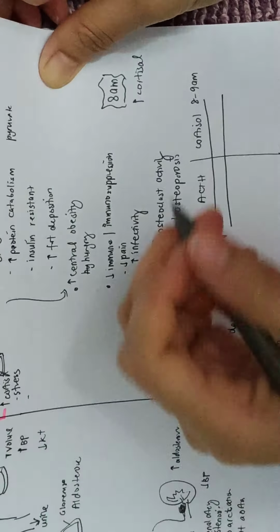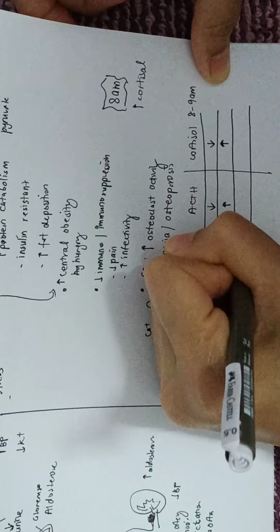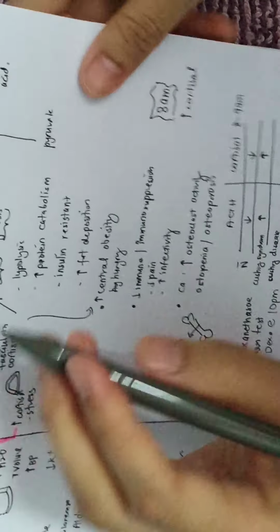you have to proceed with the high dexamethasone suppression test using 8 milligram. So using 8 milligram, you can differentiate whether it's a Cushing syndrome or it's actually Cushing disease, which primarily comes from the pituitary adenoma.